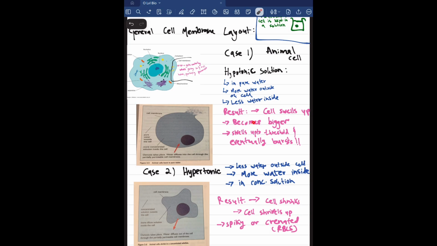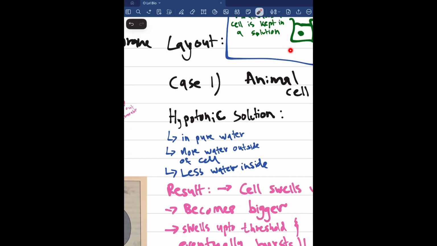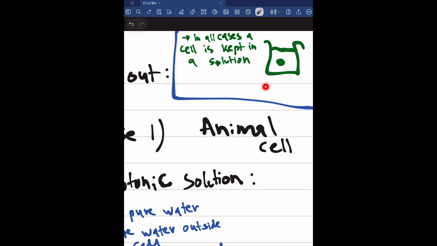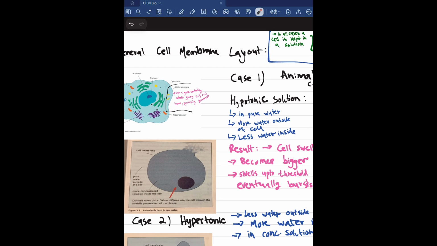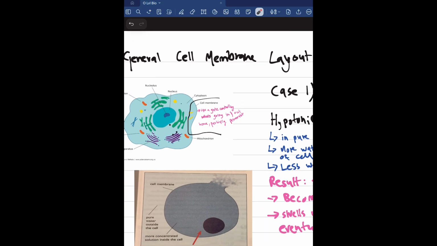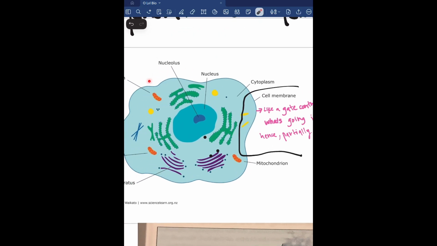Okay, so now we need to quickly understand a very important concept for osmosis. And to understand that beforehand, we need to understand two basic things. Firstly is the general cell membrane layout. The general cell membrane layout is again in the cells chapter, but over here we know this is a cell, right?